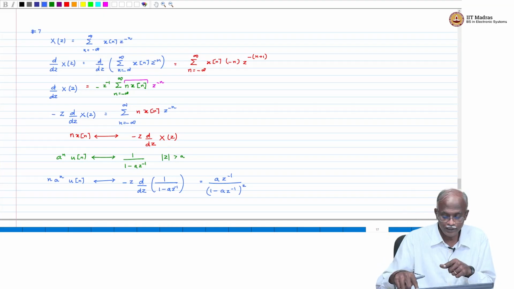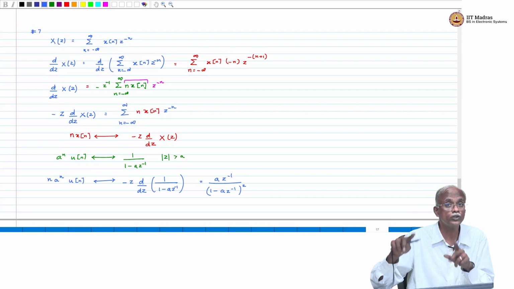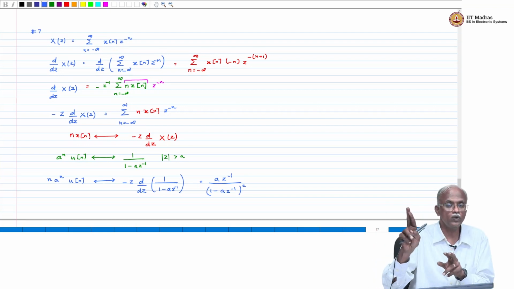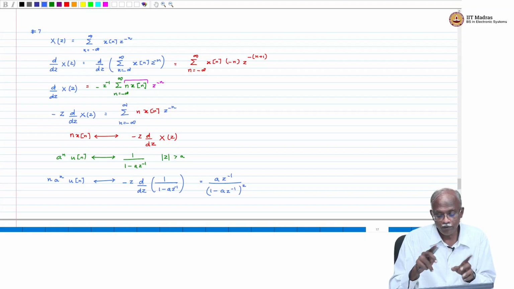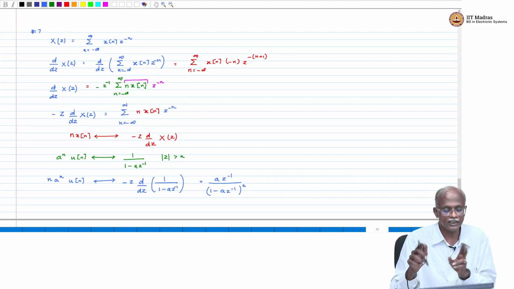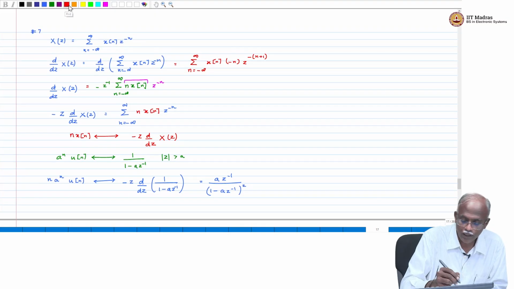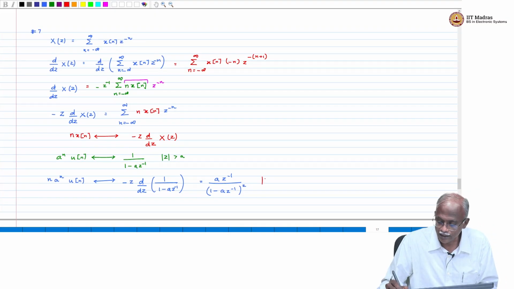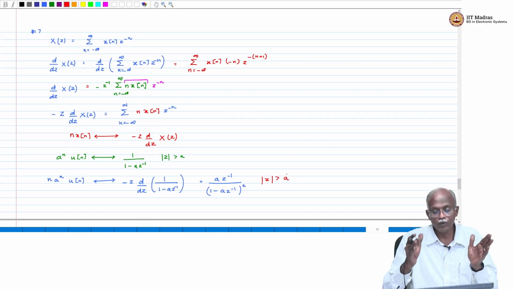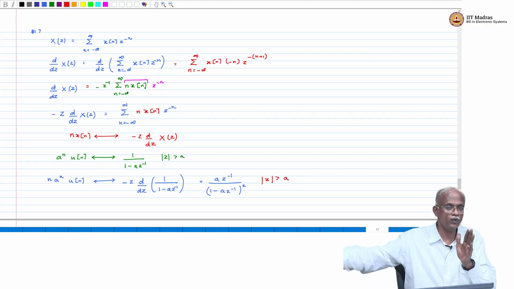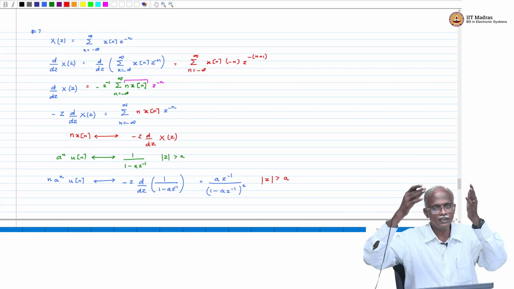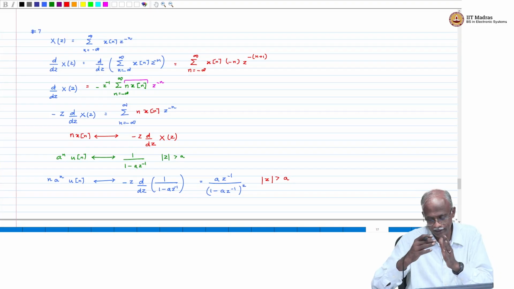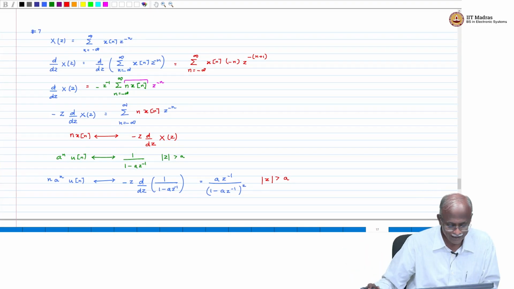Now you have an expression which is 1 minus a z inverse whole squared. That means there are two poles, but both the poles are at z equal to a. So the location of the poles did not change. Therefore, the ROC still remains the same. It has to be outside of the furthermost pole, and the single pole became a double pole in the z transform, but it does not matter, the location of the pole is all that matters, and therefore mod z greater than a.